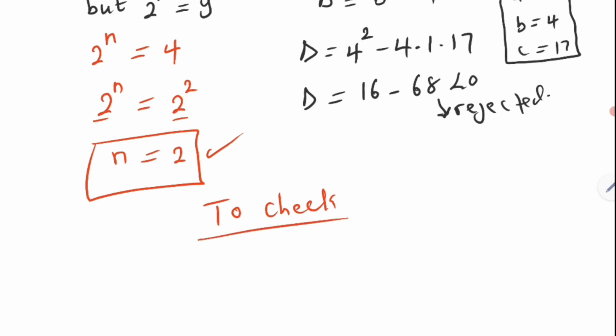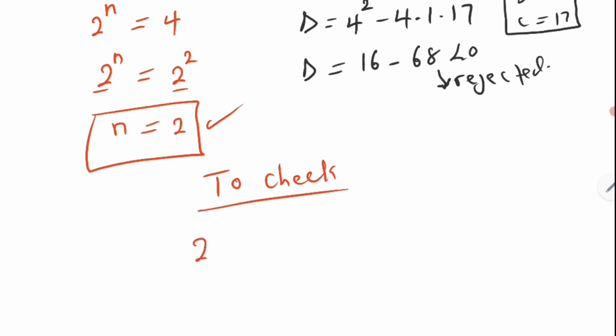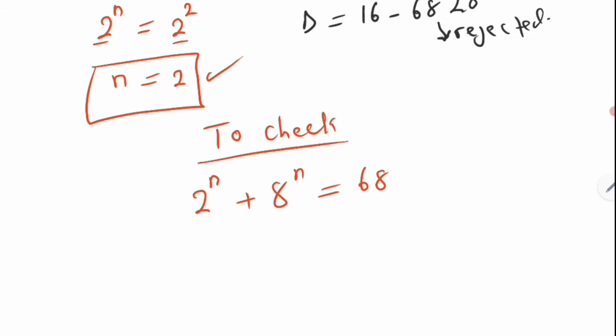To check, we have the given equation 2 raised to power n plus 8 raised to power n is equal to 68. Then here, if n is equal to 2, this is 2 raised to power 2 plus 8 raised to power 2 must be equal to 68.